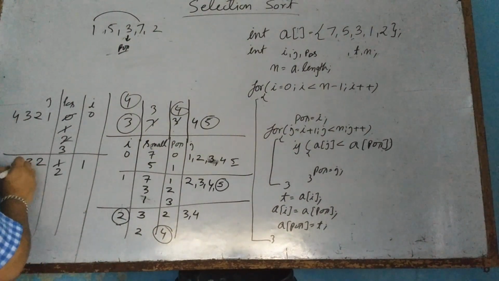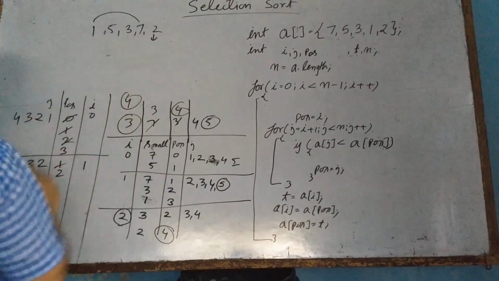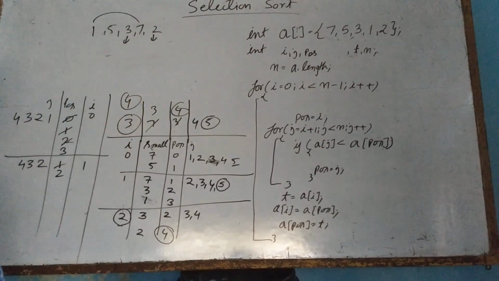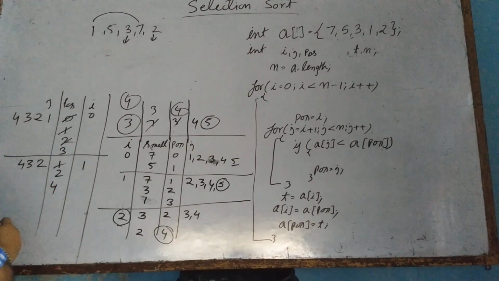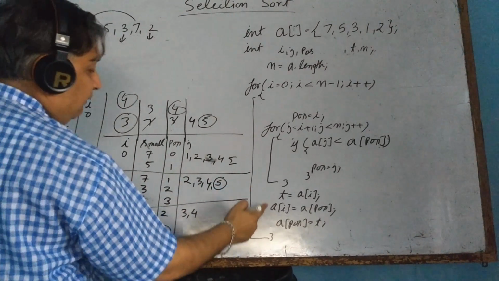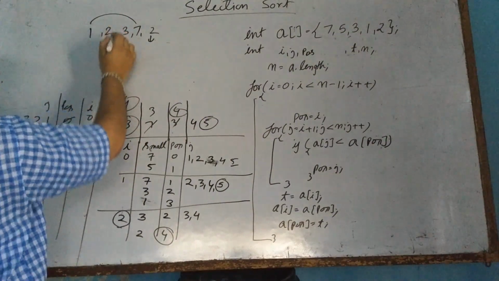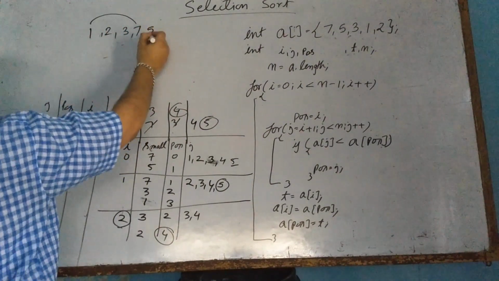So J will become 4. What is there at 4? 2. Is 2 less than the value represented by POS? Yes. So POS will become 4, and then the loop of J will end. After ending, the values at I and POS will interchange. So 2 will reach index 1, and 5 will reach the POS place.